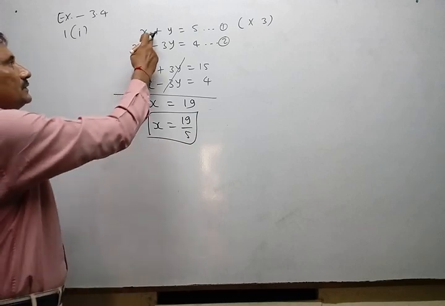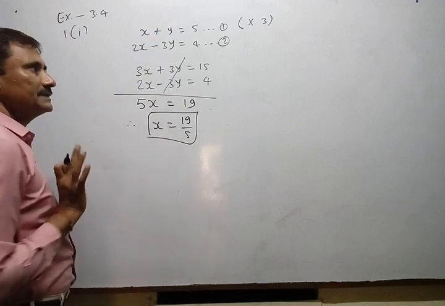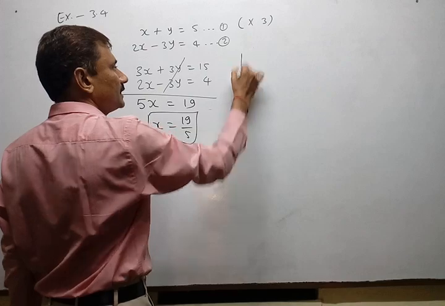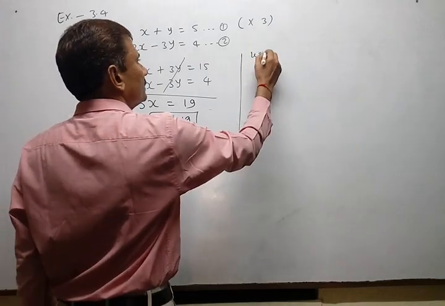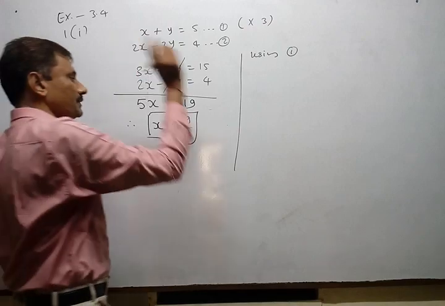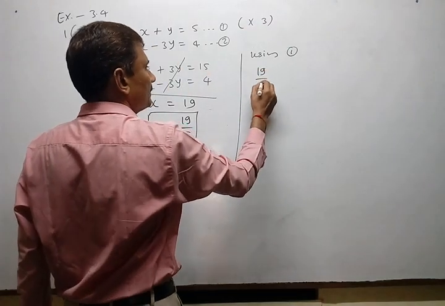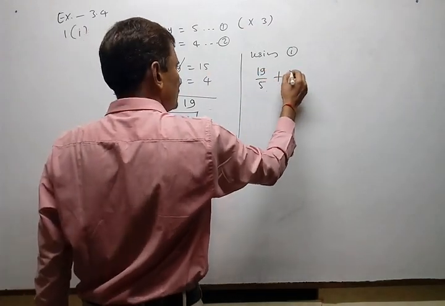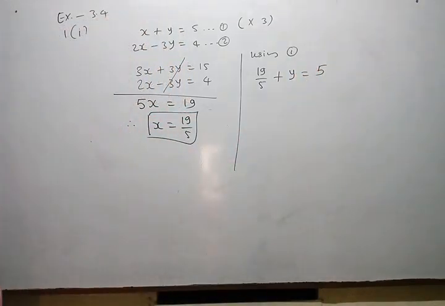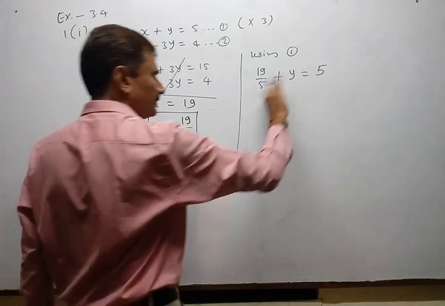Now either use first equation, otherwise second. Okay, you just continue here. I am writing here. So using 1, write down equation 1. But instead of x, write down its value, 19 upon 5 plus y equal to 5. Okay, now just simplify.